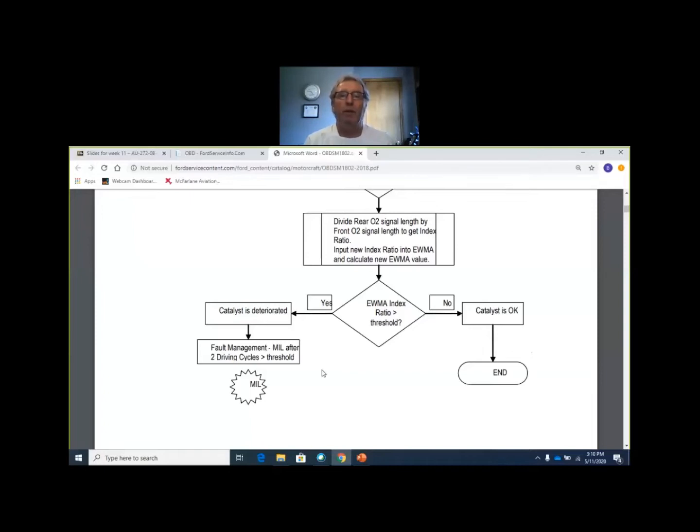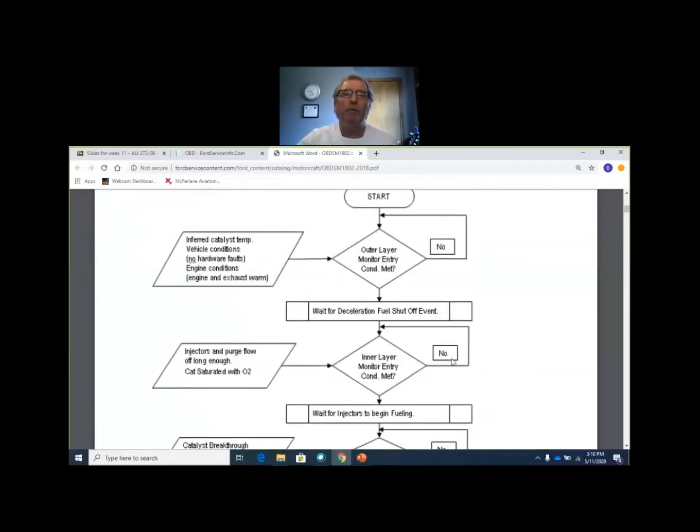If it fails twice, usually consecutively, 2 times in a row, it's probably actually bad. If it just fails once and then doesn't fail again, we're not turning the light on. There could be a few different reasons why the test didn't go that well, so we don't want false positives.